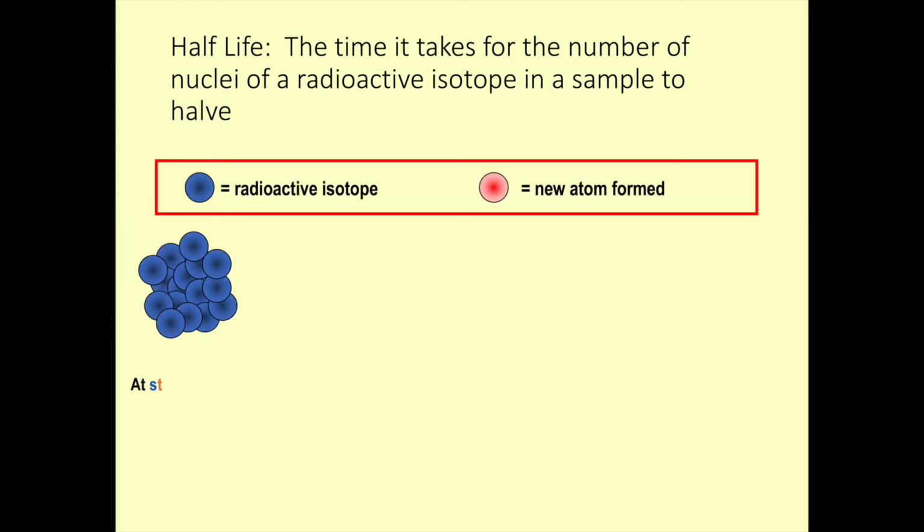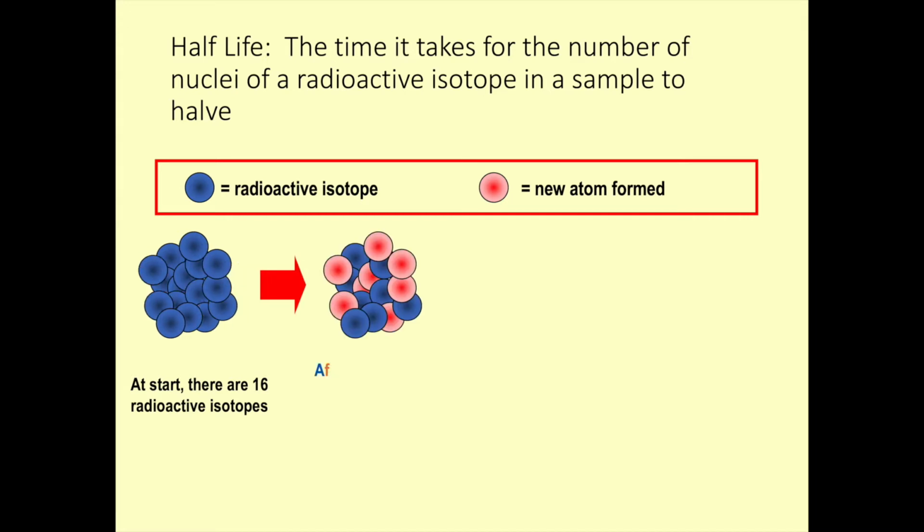So here I've got 16 radioactive isotopes. After one half-life, half of those 16 will have decayed, so half of 16 is 8. If 8 have decayed, you're then left with 8 radioactive isotopes remaining.